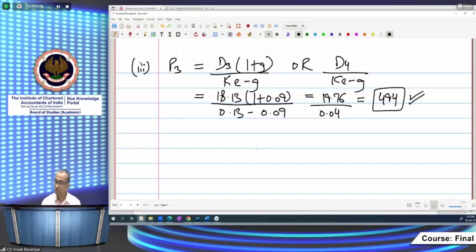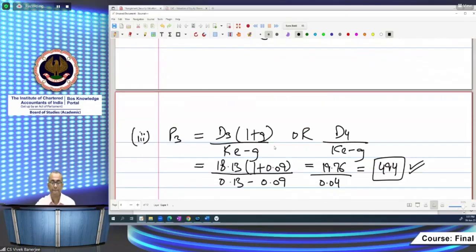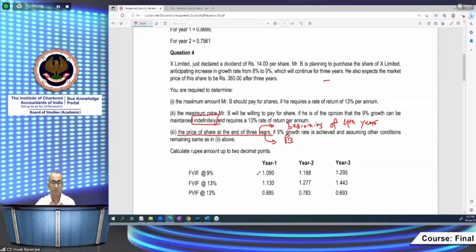Okay. So we have approached all these questions by these methods. I hope you are able to understand this. So question number 4, how we have approached. Initially, all the things are given. Dividend at the beginning of the year, 14, is given, and it is expected that the growth rate will be 9% and it will continue for 3 years.